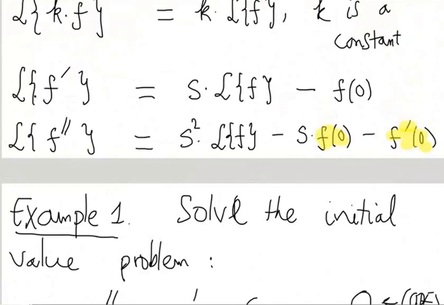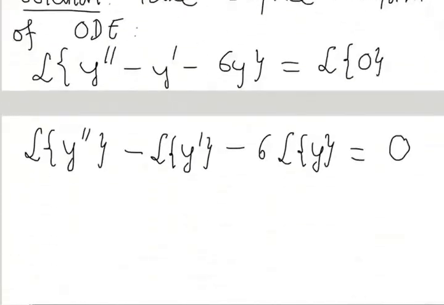The formulas are given in terms of f, but here instead of f we have y, and we have the same formula. So for the second derivative, we will need s squared times the Laplace transform of the function minus s times f(0) minus f prime(0). So let's rewrite here.